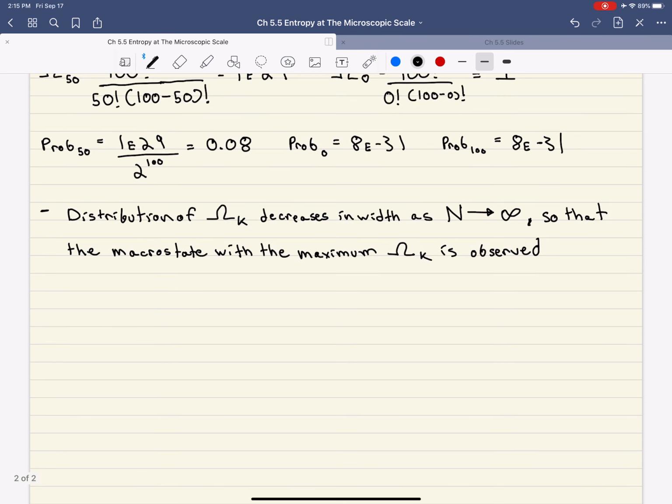I went through this example with coins, but this sort of case, where we're looking at how the system behaves at the limit where the number of objects in our system is infinity, is known as the thermodynamic limit.